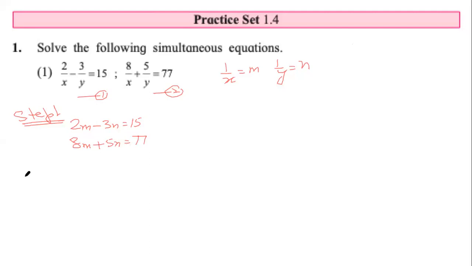Let's move to step number 2. Solve these equations using the determinant method. I will write the determinants to make it easy for you.